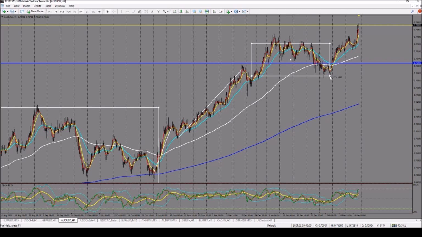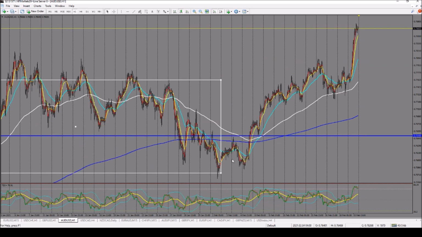So this was a consolidation, and from there we now go to the H1 time frame. We can see that price issued the first rise, the second rise, then this was also an anticipated third rise.